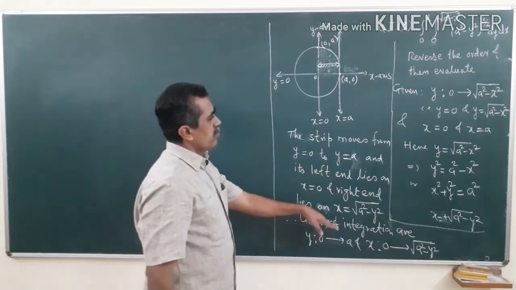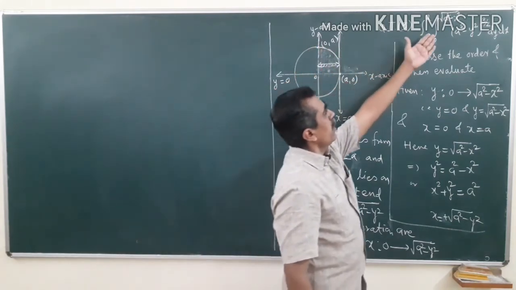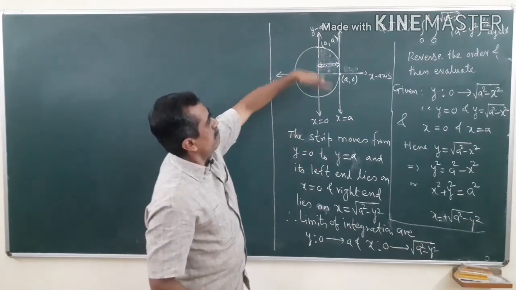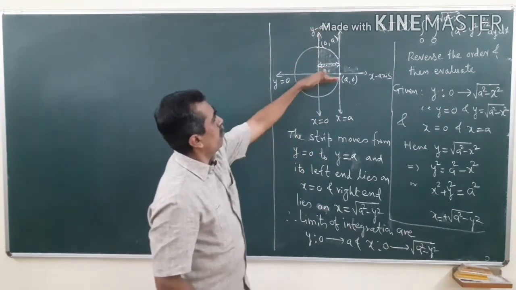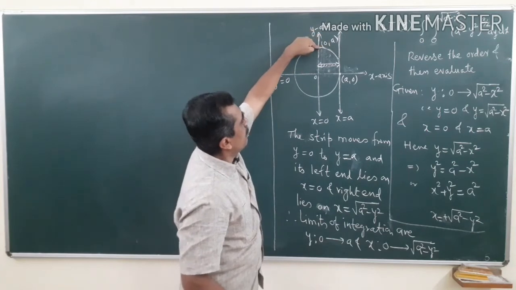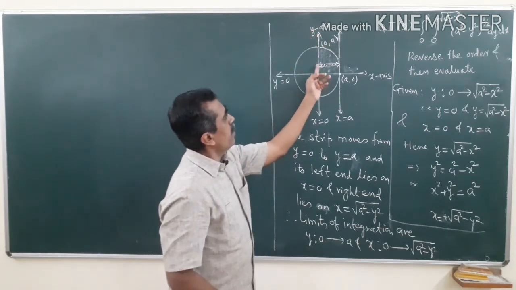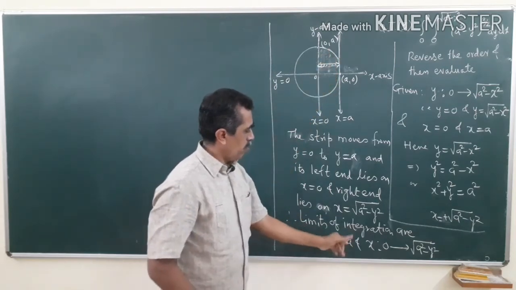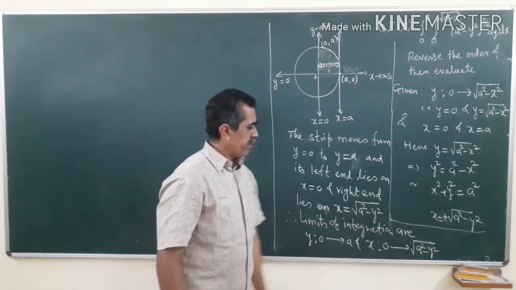Thus I have the limits. So I have taken a strip and moved it along the y-axis, so it will move from y is equal to 0 up to this point y is equal to a. Its left end lies on x is equal to 0 and right end is on the circle. So therefore on the circle x is root of a square minus y square.